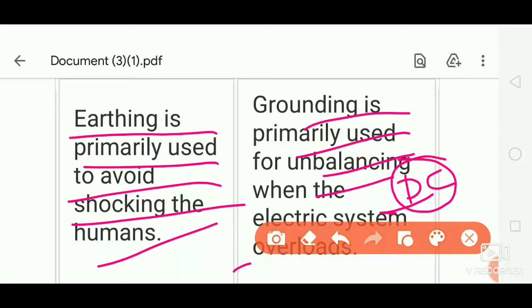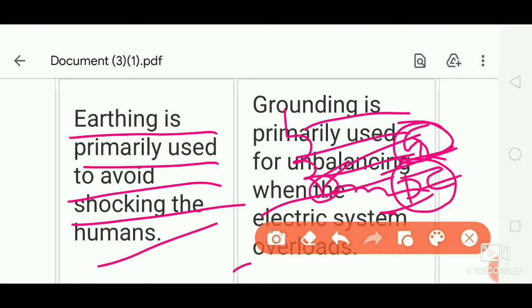The neutral wire of the transformer is grounded, because by grounding the transformer we protect the transformer.